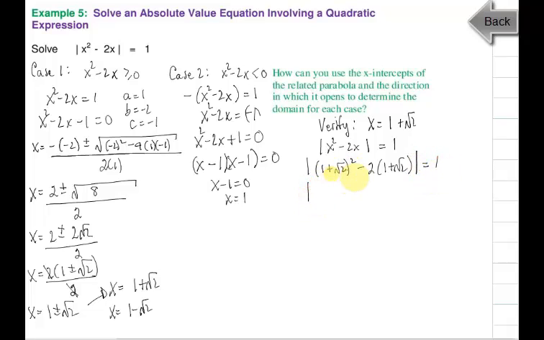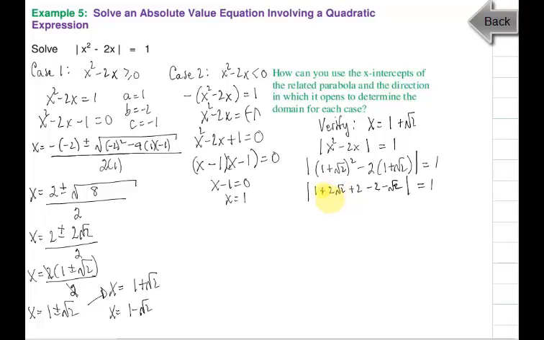Okay, when we FOIL 1 plus the root of 2, we are going to get 1 plus 2 root 2 plus 2, and then we're going to distribute the negative 2 over 1 plus root 2, so we get negative 2 minus 2 root 2, and that's equal to 1.